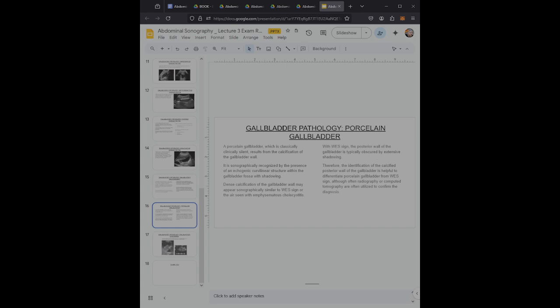A porcelain gallbladder is typically clinically silent, and it results from the calcification of the gallbladder wall, and it is characterized by the presence of an echogenic curvilinear structure within the gallbladder fossa with posterior shadowing. There is dense calcification of the gallbladder wall, and it may appear sonographically similar to the wall echo shadow sign.